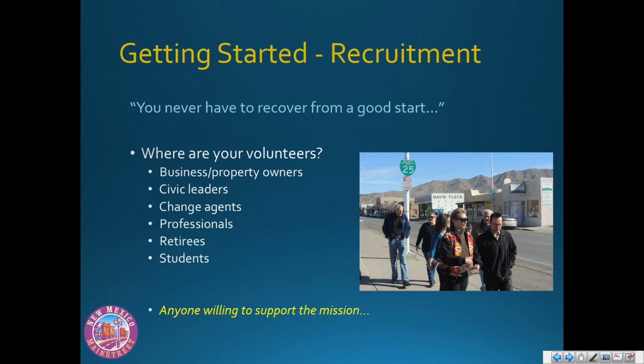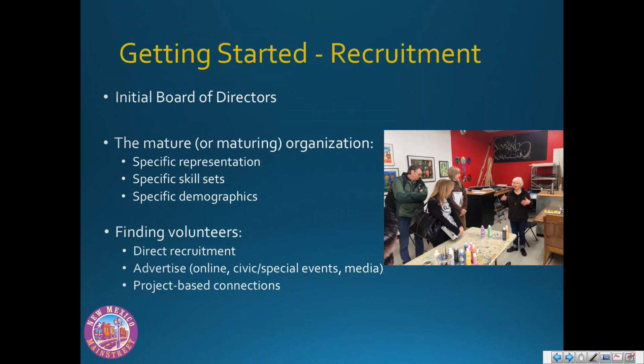We see quite a few retirees and students as well that are now starting to engage in board processes. Basically, anybody who's willing to support your mission has an opportunity to be a good board member. If you go looking for volunteers, you're going to find them. You want to do a good job of connecting your mission with their interests as well.